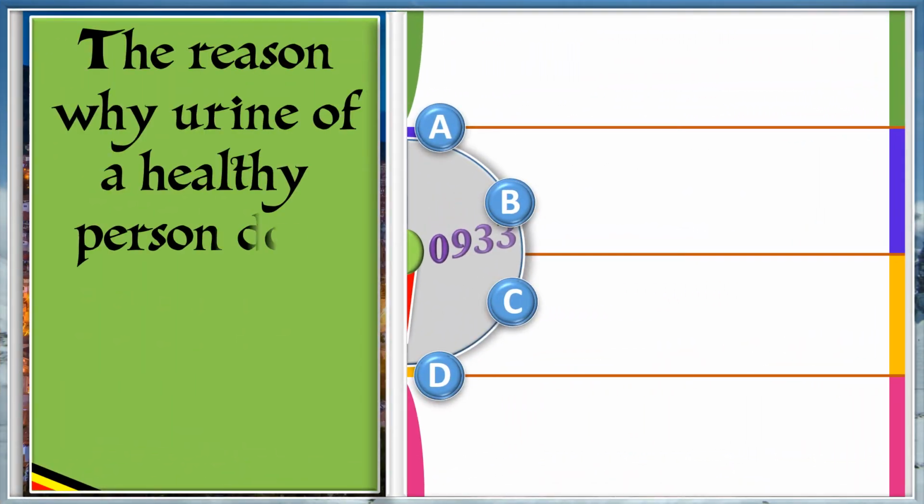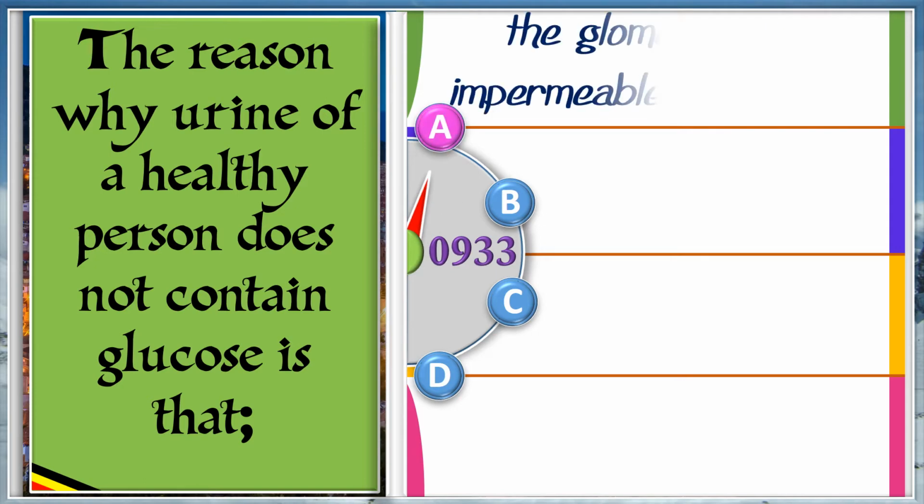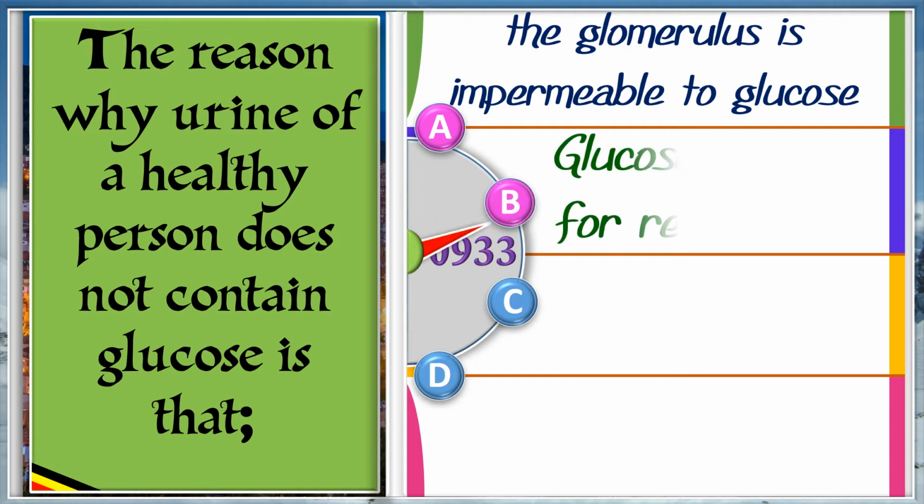The reason why urine of a healthy person does not contain glucose is that: A. The glomerulus is impermeable to glucose. B. Glucose is used for respiration.